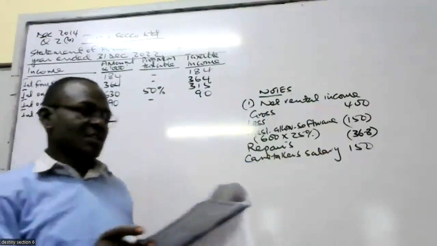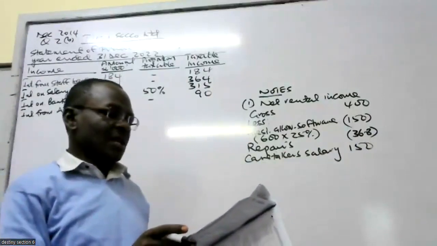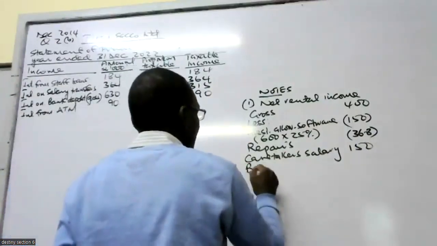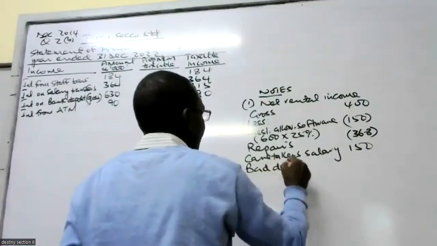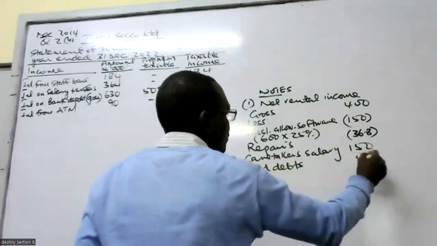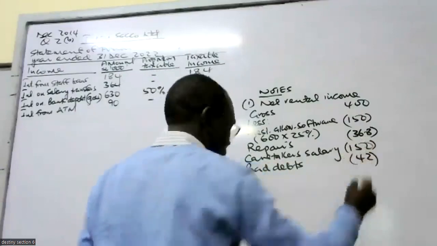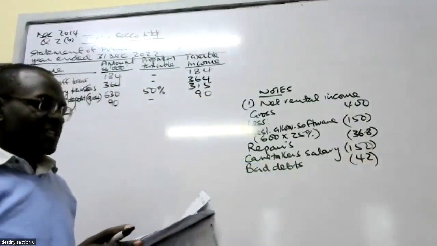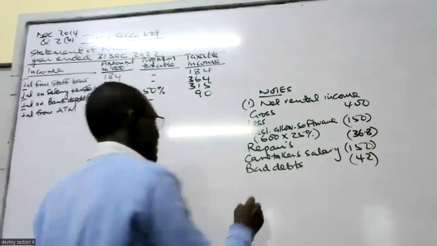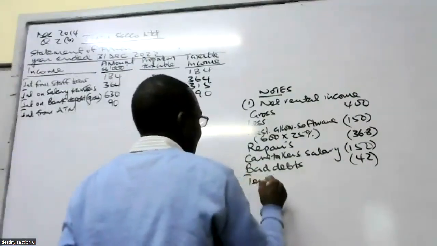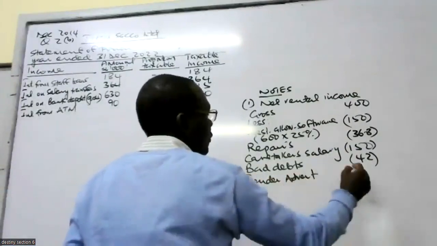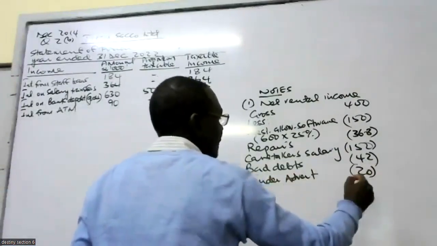Bad debts from tenant written off is 42. Then tender advertisement for repair of rented property.